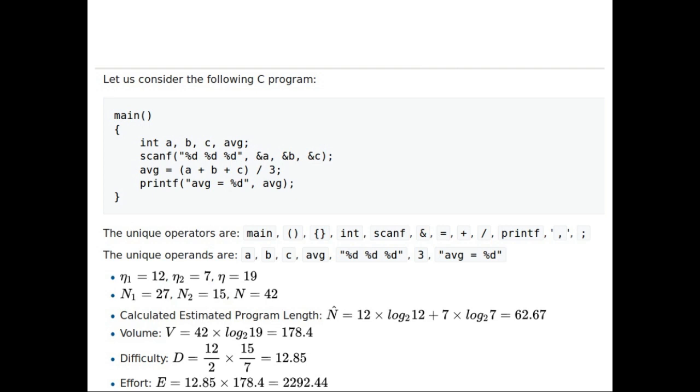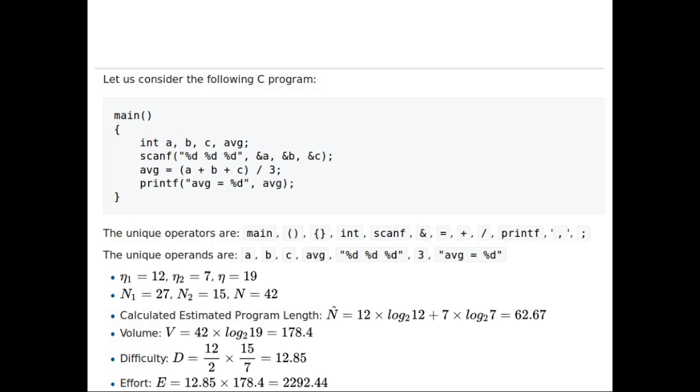So in this program, the unique operators are main, bracket, curly brace, int, scanf, ampersand, equal to, plus, slash, printf, double quotes, and semicolon. That is, we have 12 operators, n1 equal to 12.